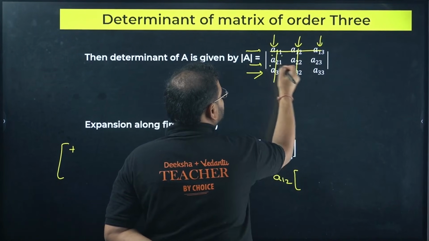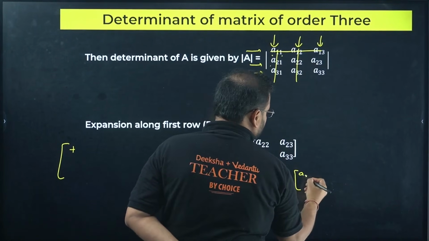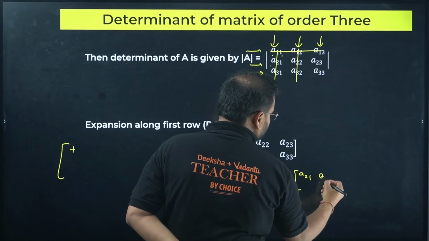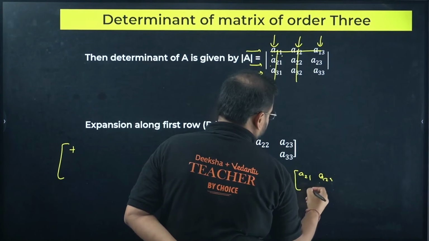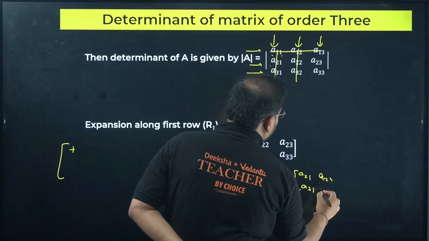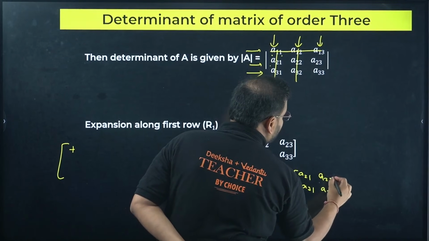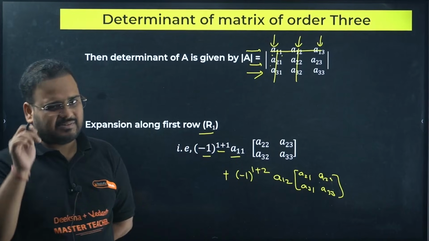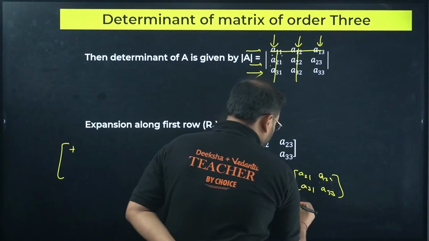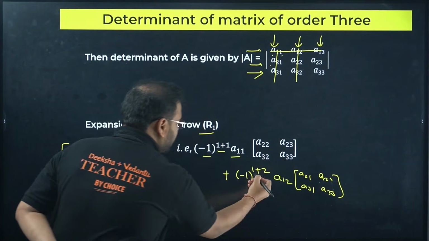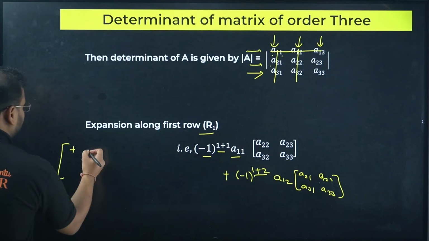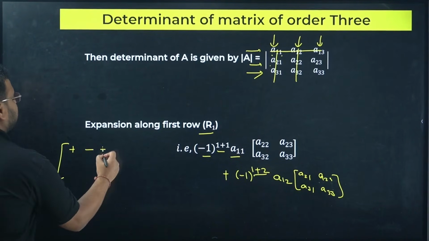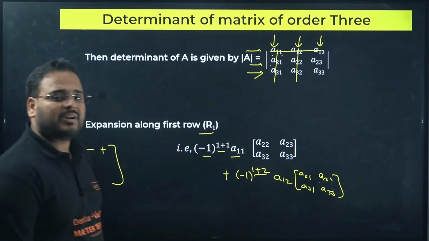You'll have this and this left: A21, A23, A31 and A33. I know you all know this, but still it's very important to not make mistakes in this. If it is 1 plus 2, it'll be odd, so you'll have an alternate position as minus, and likewise you'll get the last one as positive.